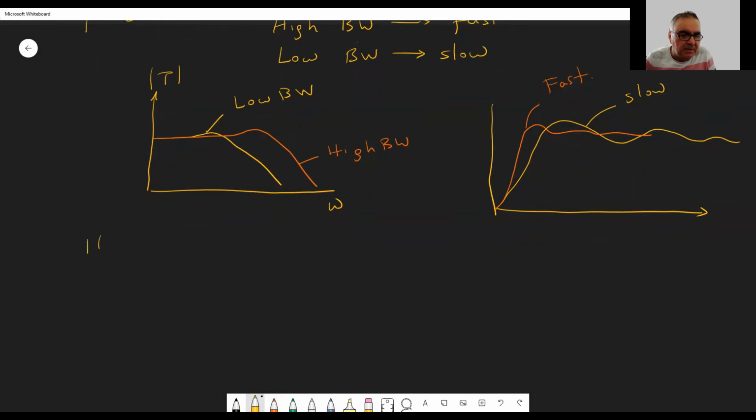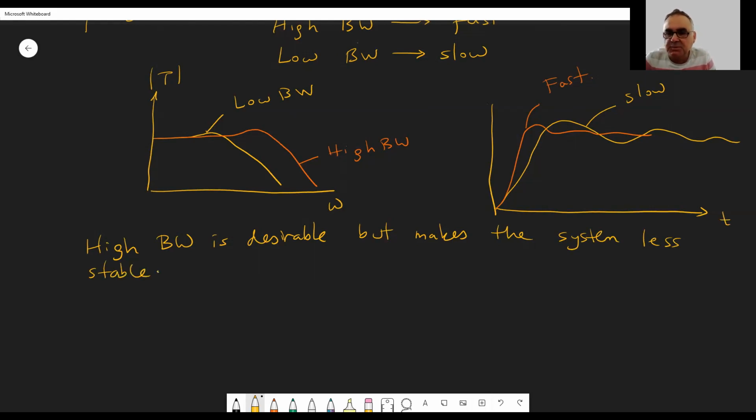So high bandwidth is desirable, but it makes the system less stable.